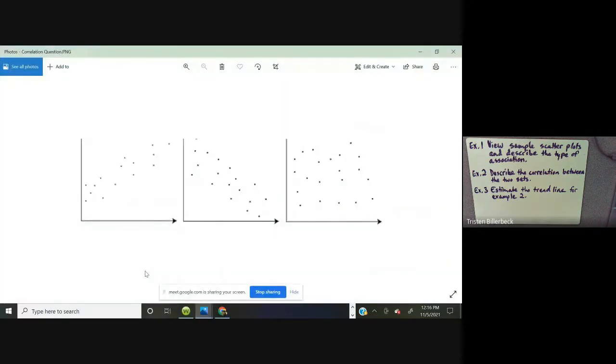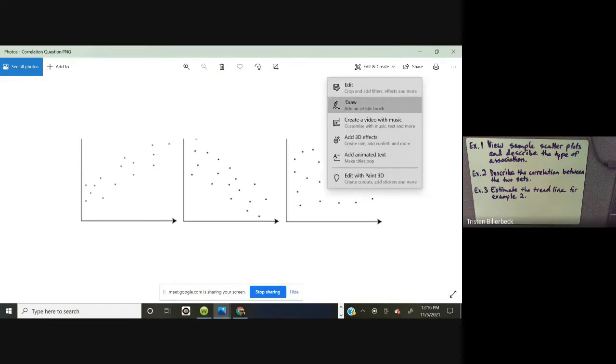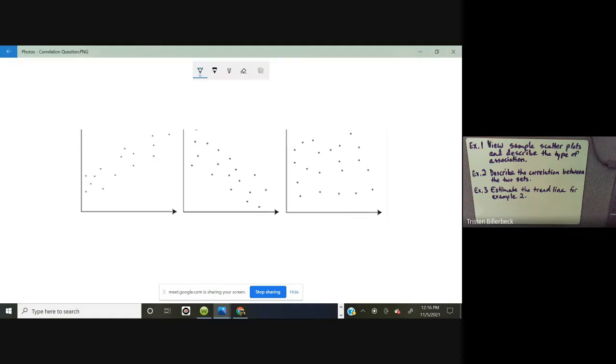If I have the screen here and I'm looking at the association, I can estimate a line that looks kind of like that. So that would be a positive association, or a positive correlation.